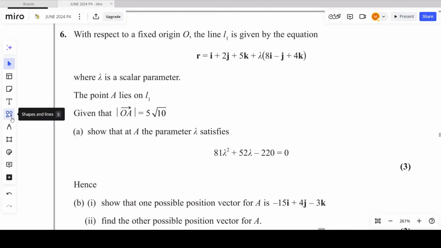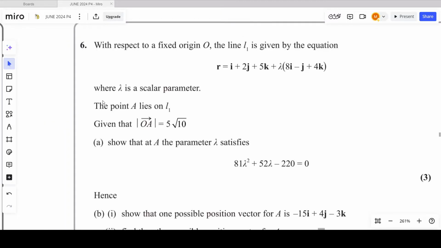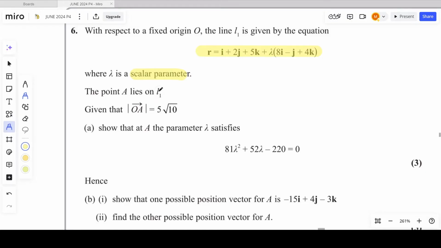With respect to a fixed origin O, the line L1 is given by the equation r = i + 2j + 5k + lambda times (8i - j + 4k), where lambda is a scalar parameter. The point A lies on L1.